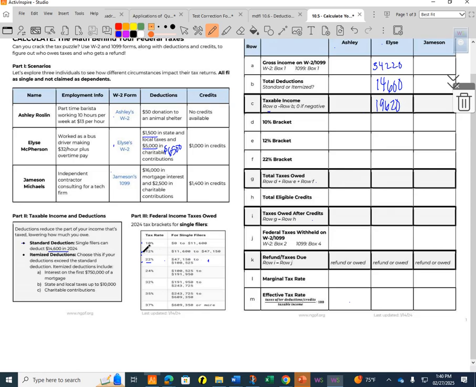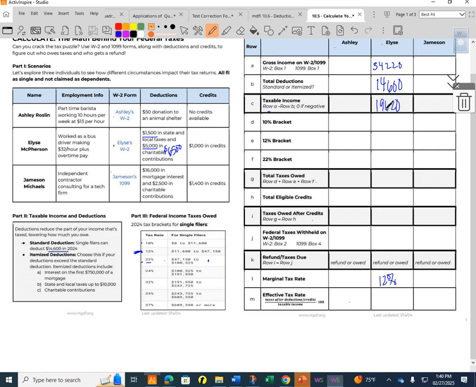That's going to put her in this second interval, $11,600 to $47,150. So we already know her marginal tax rate is 12% because that's the biggest tax bracket she's in. That is not a computation. That is just something that we can tell right then.